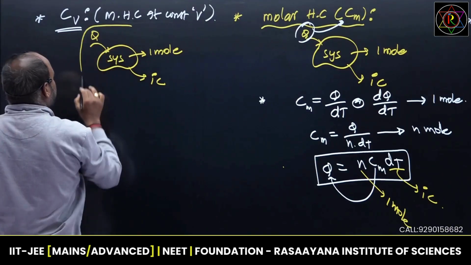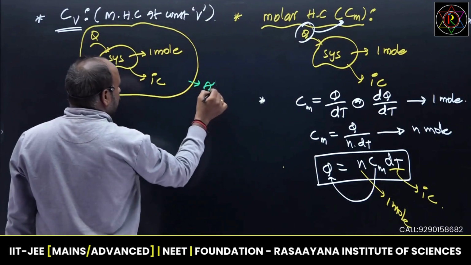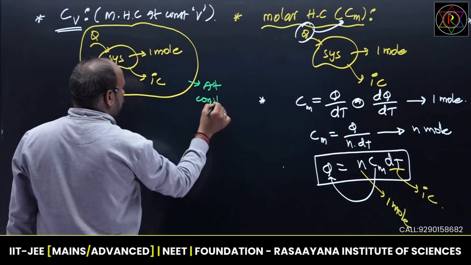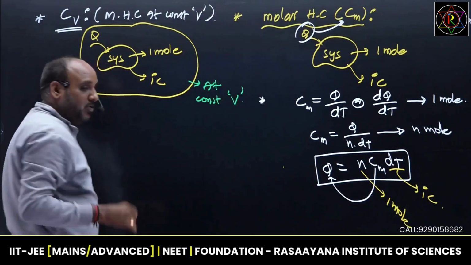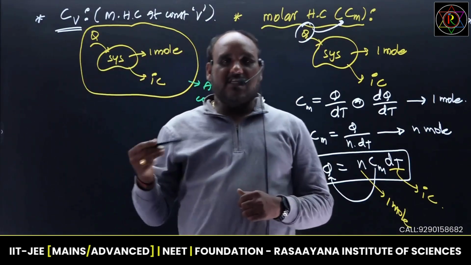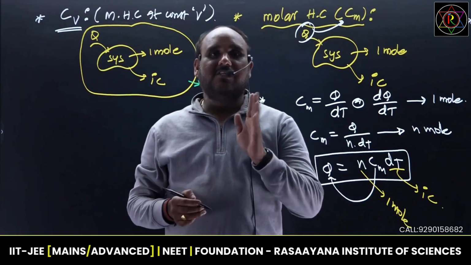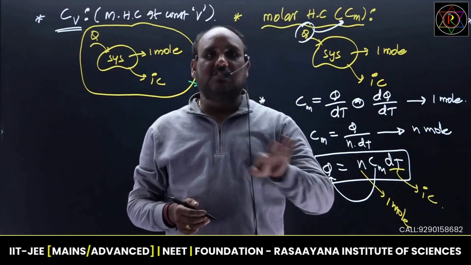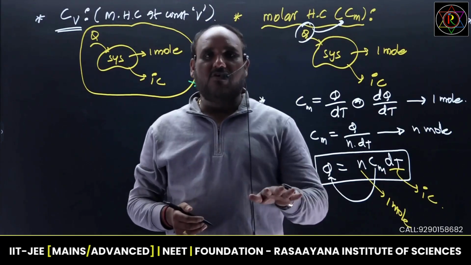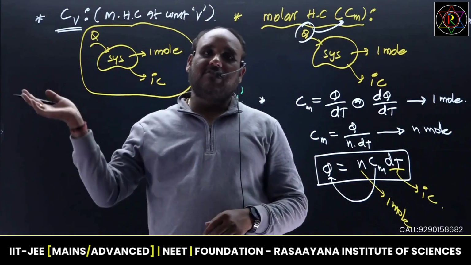The heat is supplied at constant volume. We have to increase 1 mole of substance by 1 degree centigrade while keeping the volume constant. At that time there is no change of volume. By keeping the volume constant, how much heat is required?